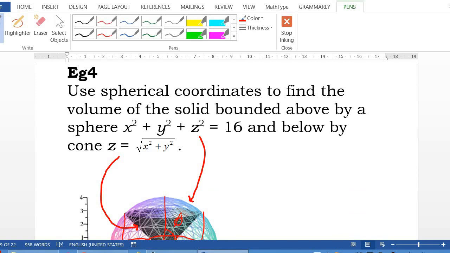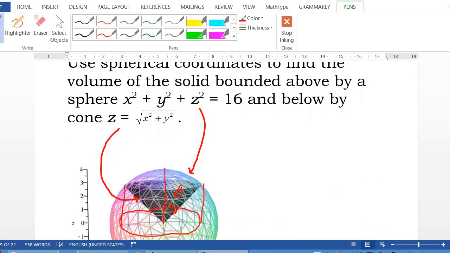Example 4: use spherical coordinates to find the volume of the solid bounded above by the sphere x squared plus y squared plus z squared equal to 16, and below by the cone z equal to square root of x squared plus y squared. We have solved this problem in spherical coordinates in the last lectures.